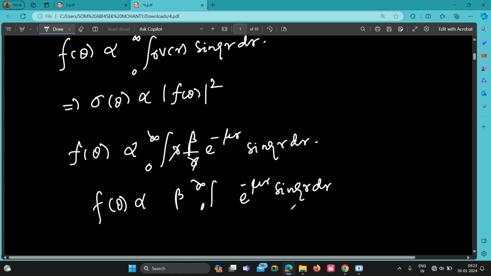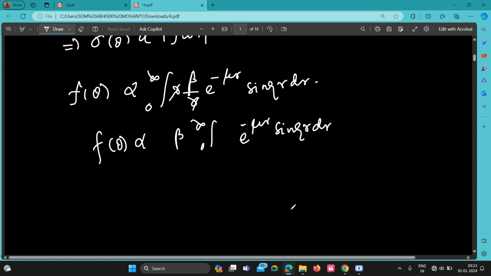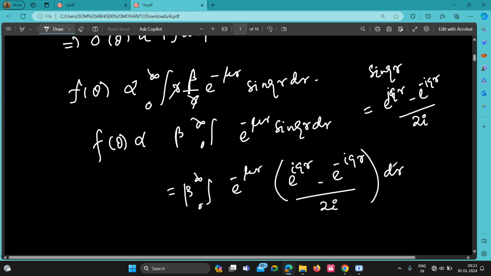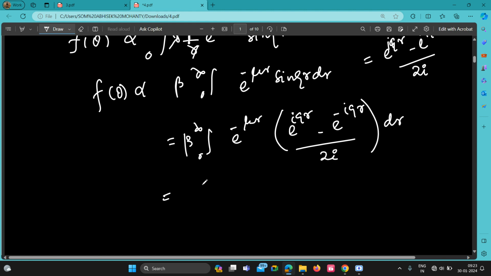Okay, so now how to solve this integration? We know sin(qr) is (e^(iqr) − e^(−iqr))/2i. So I'll just put it here: the integral from 0 to infinity of e^(−μr) (e^(iqr) − e^(−iqr))/2i dr. The 2i goes out; it doesn't matter, we need the proportionality only.